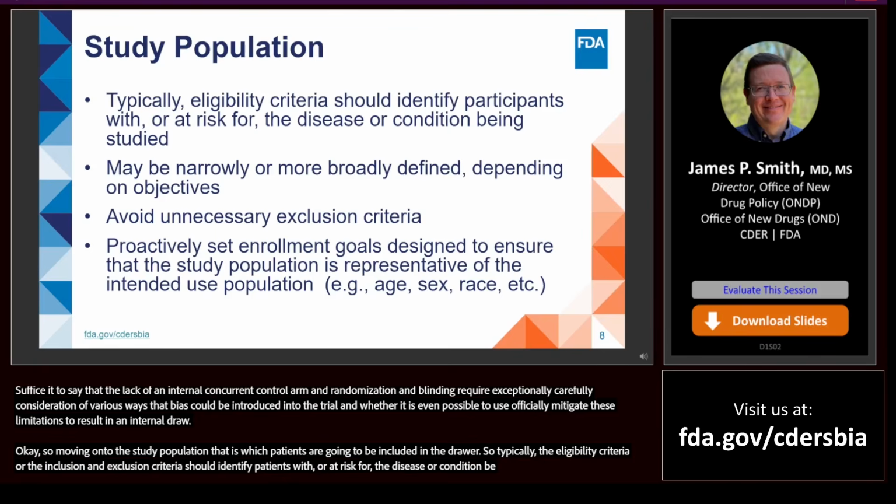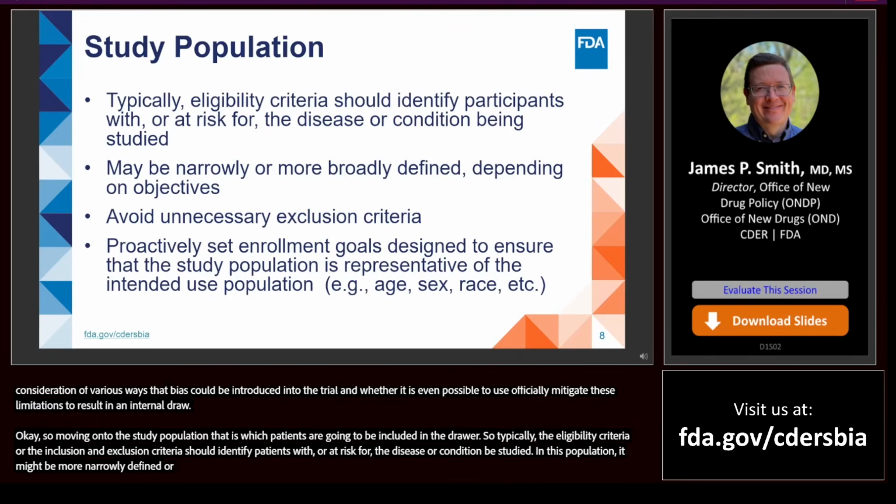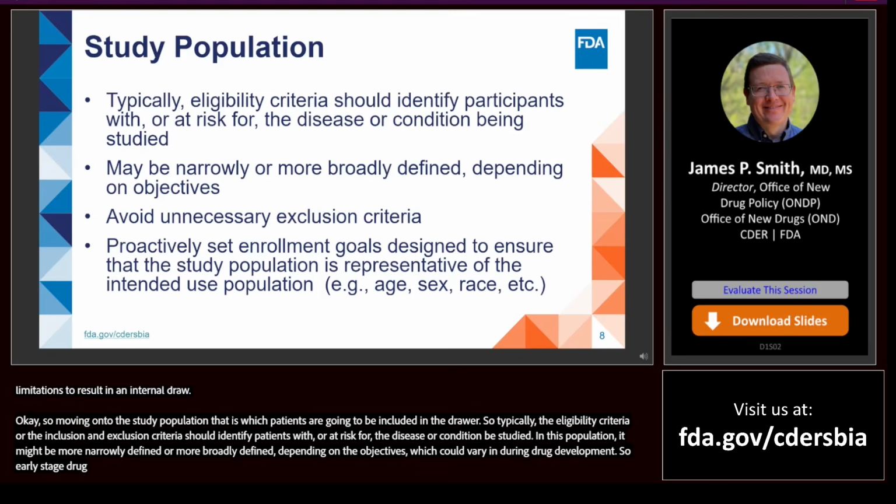So in early stage drug development, perhaps the population is being more narrowly defined because you want a more homogeneous population to detect a signal of a drug effect, or perhaps there's too much uncertainty about the safety of a drug in the early stages of drug development that you need more exclusion criteria.